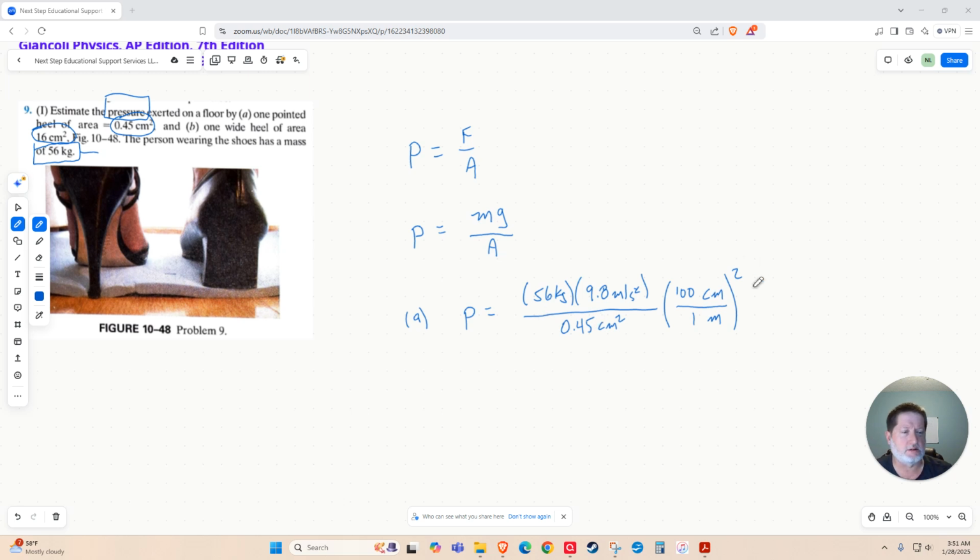So go ahead and try your calculator to see what you get. Okay, so your calculator should have spit out a number. About 12 million. You get 12,196,000 approximately.